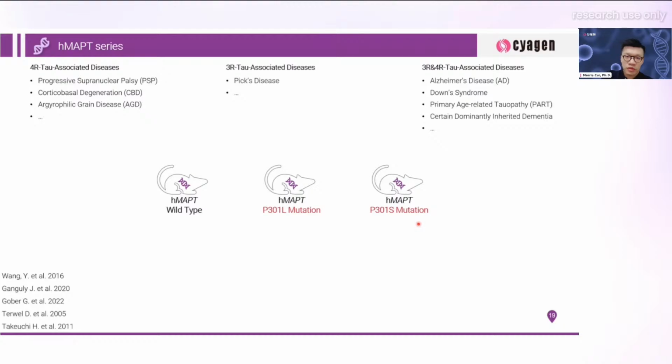They are the most prevalently observed mutations in human patients with either frontal lobar degeneration or Alzheimer's disease, etc. Hence, we chose them. Since all those diseases feature dementia syndrome, we validated our humanized MAPT mouse models, focusing on their learning and memory deficit.